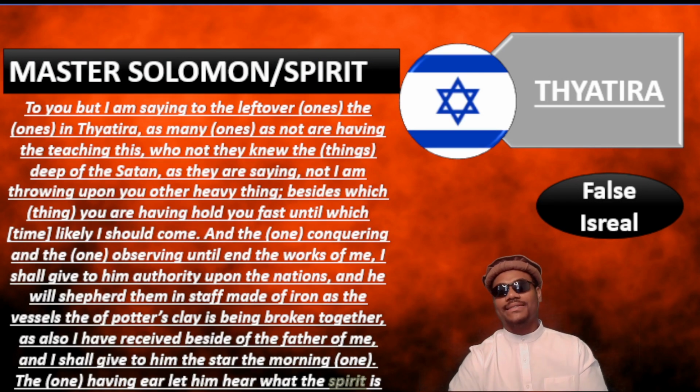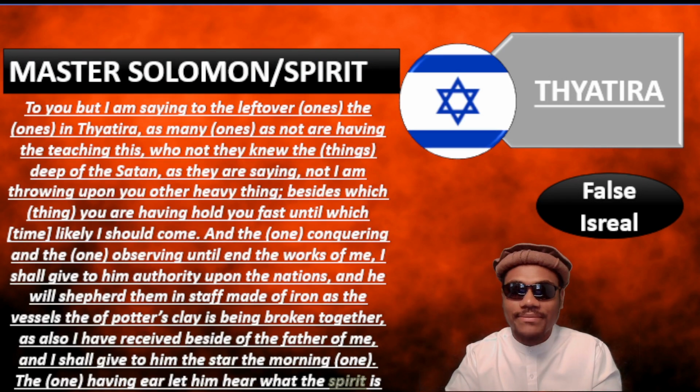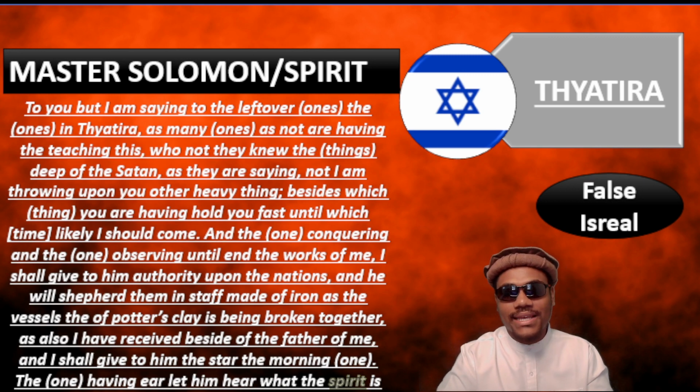See what Suleiman has to say. He says, to you, but I am saying to the leftover ones, the ones in Thyatira, as many ones as not are having the teaching this, who not they knew the things deep of the Satan, as they are saying, not I am throwing upon you other heavy thing, besides which thing you are having, hold you fast, until which time likely I should come, and the one conquering, and the one observing until the end of the works of me.